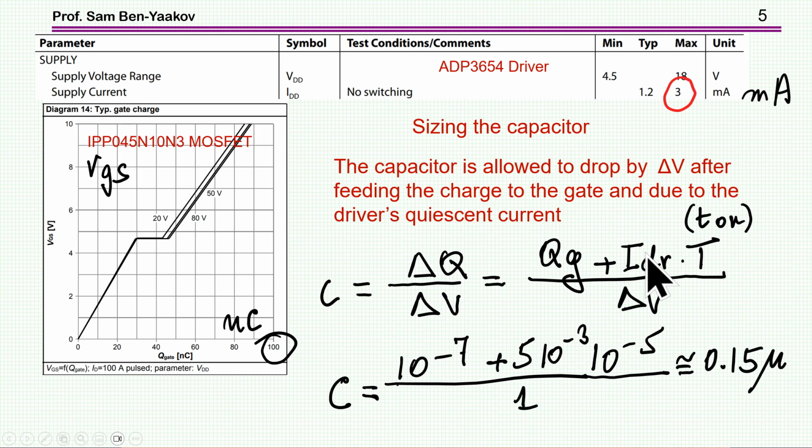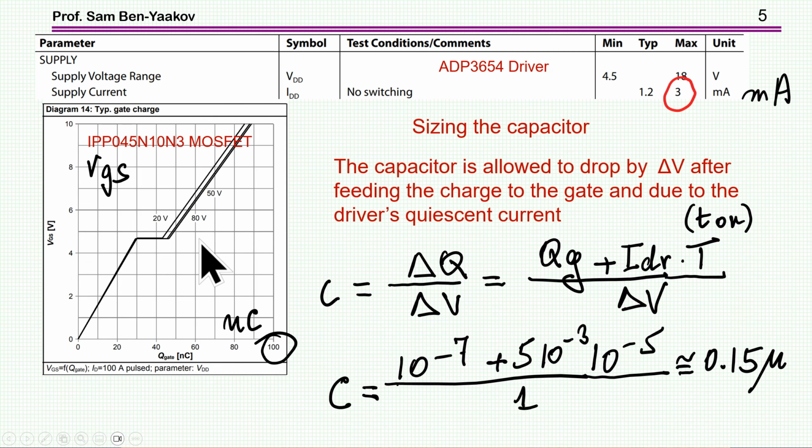Here, it's fairly low. So we have this part here, and then we have the part of the charge to the gate. Now, I highly recommend to look at this curve for the charge of the gate, and not use the equivalent capacitance or any other means. This tells the whole story. It says that when you drive the gate, you need that much of a charge to bring up the voltage to a given level.